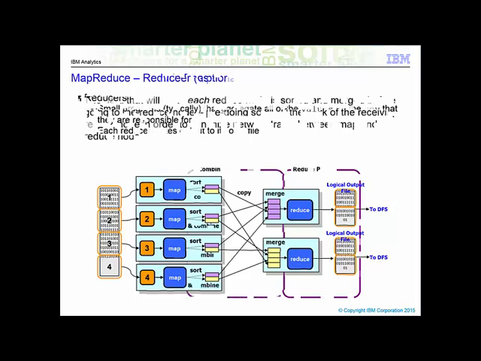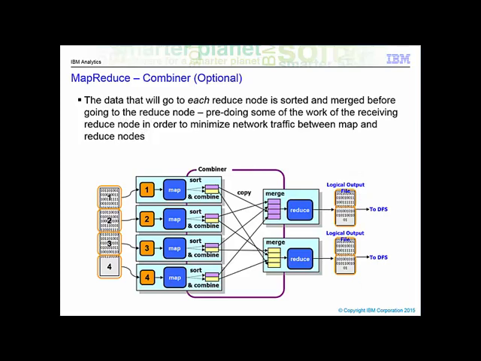At the same time as the sort is done during the shuffle work on the Mapper node, an optional combiner function may be applied. For each key set, all key values with that key set will be sent to the same reducer node. That's the purpose of the shuffle phase. Rather than sending multiple key value pairs with the same key value to the reducer node, the values are combined into one key value pair.